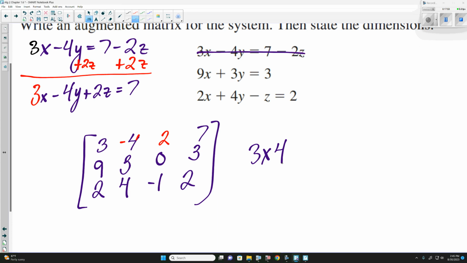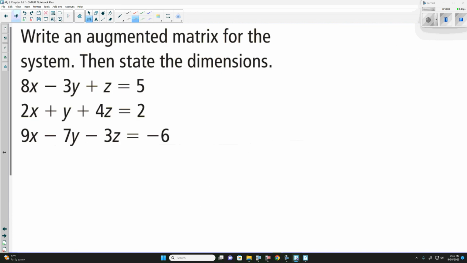Questions on this here? Be ready for the next one. Are all the equations set up correctly? X, Y, Z, X, Y, Z, X, Y, Z, and our numbers.